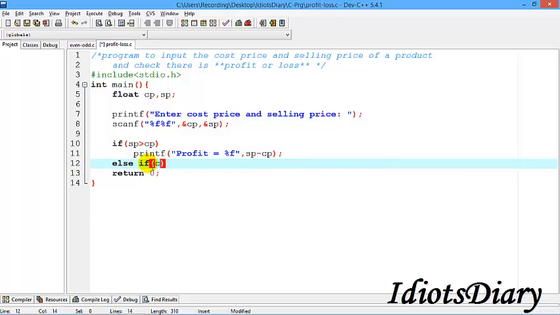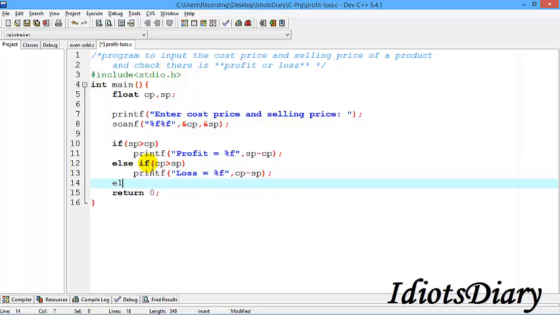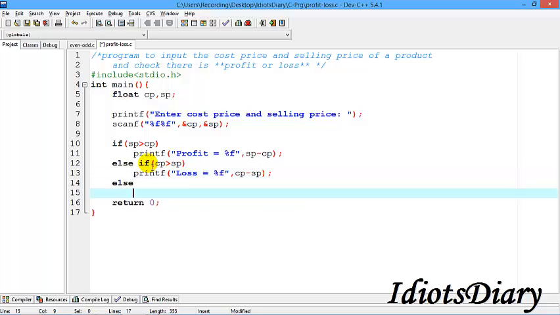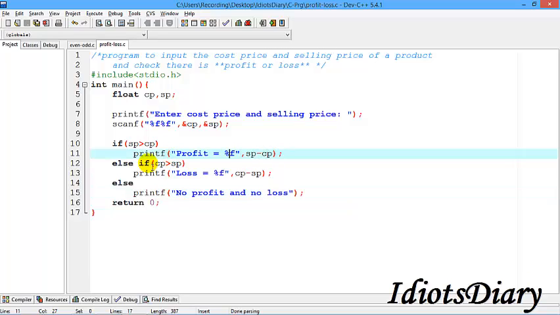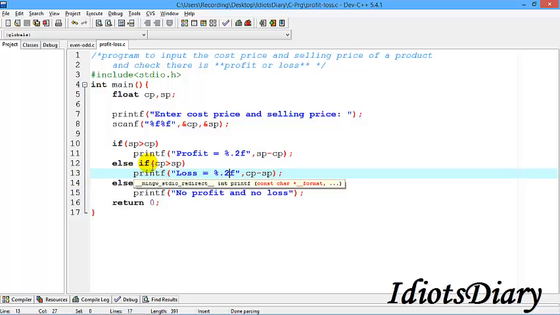Otherwise, if the cost price is greater than the selling price, then there is a loss, so we print loss equal to this and calculate the loss by using SP minus CP. Otherwise, selling price and cost price are equal, so we send the message no profit and no loss. To print only two decimal places after the point, we use %.2f in the above printf statements.